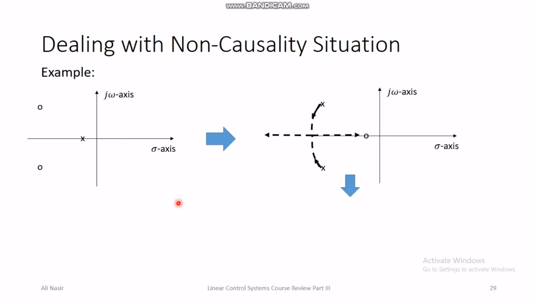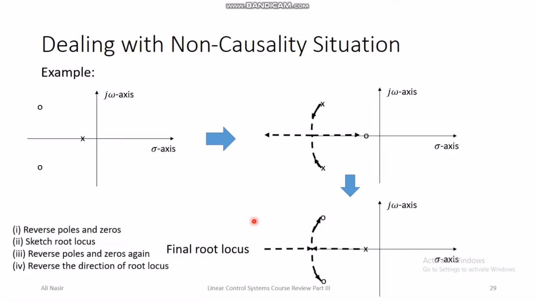Once we have constructed the root locus, we invert the path direction of the root locus, and we also revert the poles into zeros and zeros into poles, which gives us the original system. Originally there were 2 zeros and 1 pole, and after a couple of steps we again have 2 zeros and 1 pole, but now we have also created the root locus of the system.